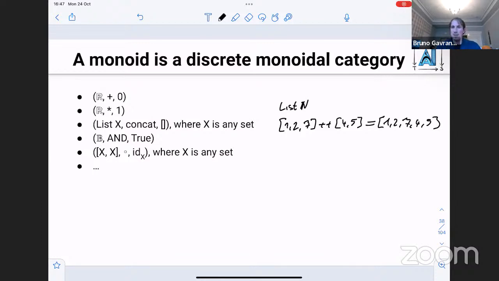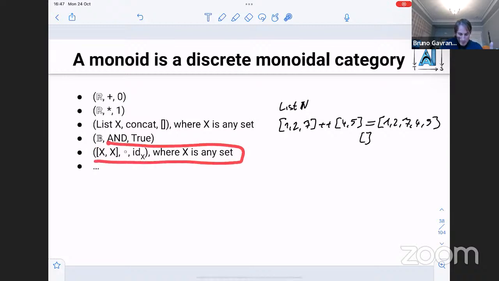That is interestingly a monoid, where the empty list is the neutral element. Booleans are a monoid in many different ways, and function composition, I'm going to actually skip this one for now and come to it later, but this is also a monoid.